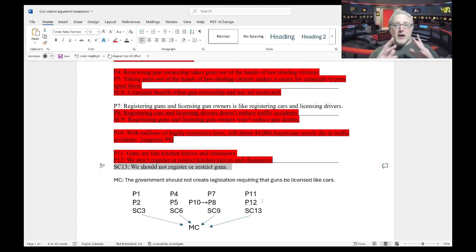So if we rejected one or two, or maybe even three of these subordinate arguments, there was still a chance that the argument could succeed, assuming that the remaining subordinate arguments were quite strong. That wasn't the case here. All of the subordinate arguments failed, but I wanted to mention that possibility.